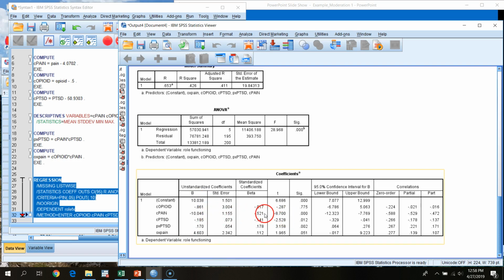Taking a look at my individual effects, no reliable effect of my centered opiate use, but I do have what looks like a conditional effect of pain, a conditional effect of PTSD, and then if I look at my interaction terms, we're going to call both of these statistically significant. This is marginal, but it's right on the edge. I'm not going to ignore that just because it's not exactly less than 0.05 here. So it looks as though we have two moderation effects here.